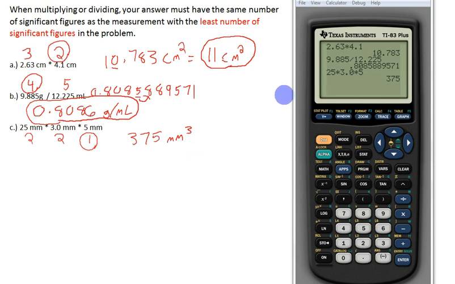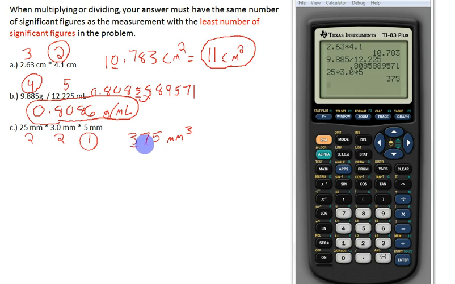Okay, so our answer has 3 significant figures in it, but our least precise measurement only had 1 significant figure in it. So we have to round this to just 1 significant figure. Well, the first significant figure is the 3 right here. Okay, so we have to round this to the hundreds place. Now, we cannot lose value. Since we have something in the hundreds place, our answer will also have to have something in the hundreds place.